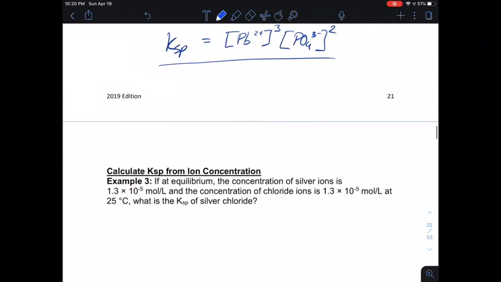So now if you have this type of expression, then you should be able to calculate the KSP if you know how many ions there are in a saturated solution.